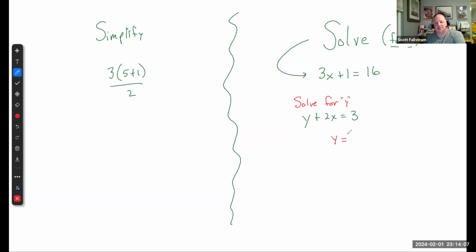So then you subtract the 2x from both sides, and you suddenly have slope-intercept form. That is solving for y. You could have also said, wait a minute, solve for x. That means get x by itself. In which case, I'd get the y to the other side and then divide by 2.